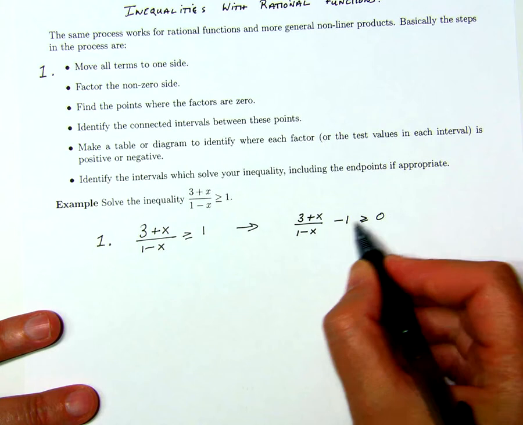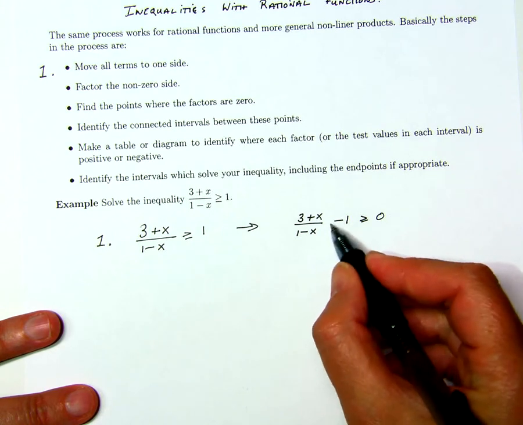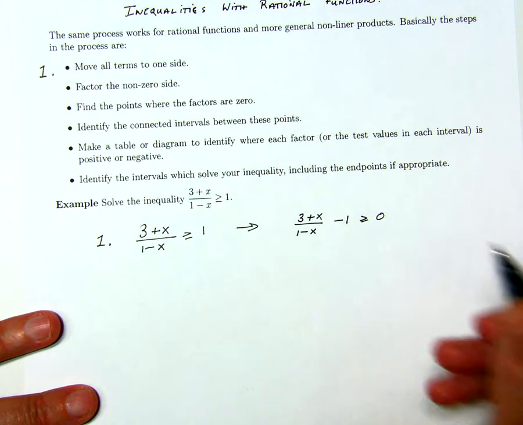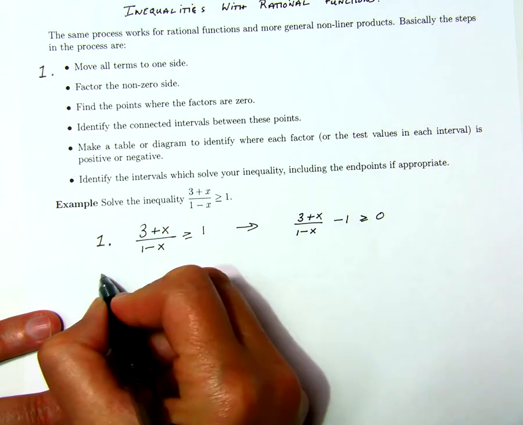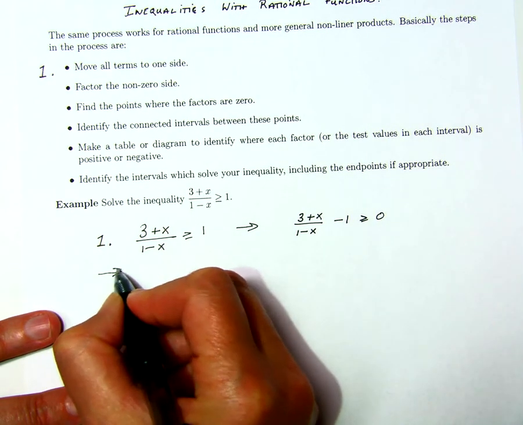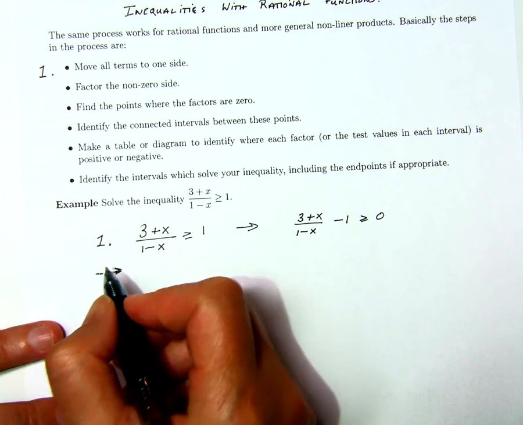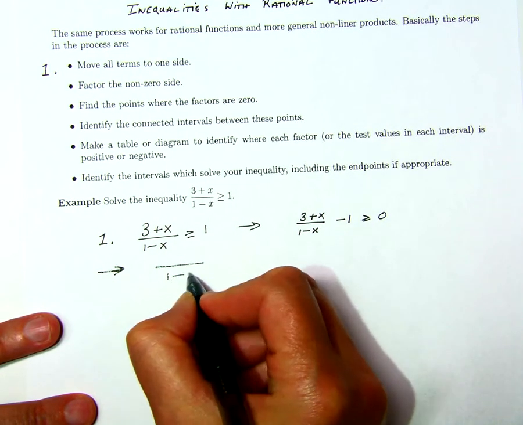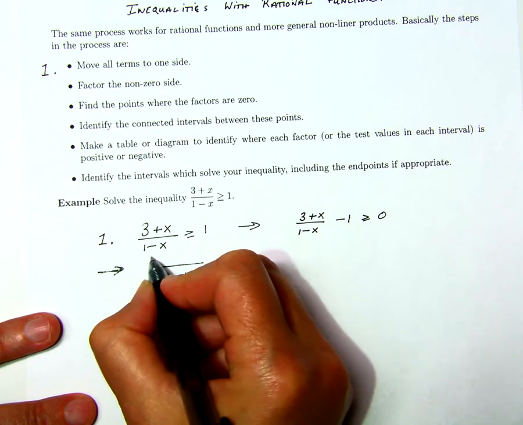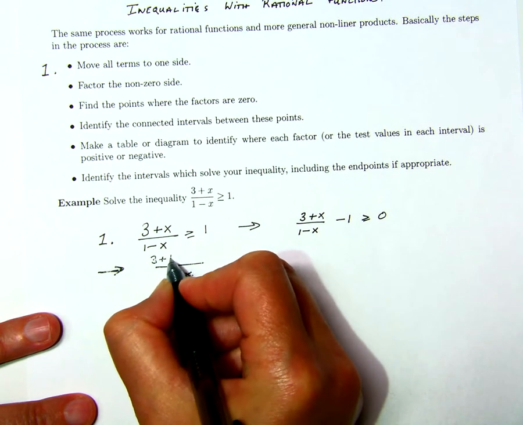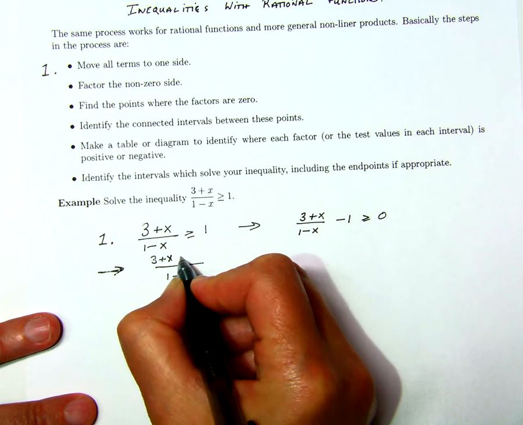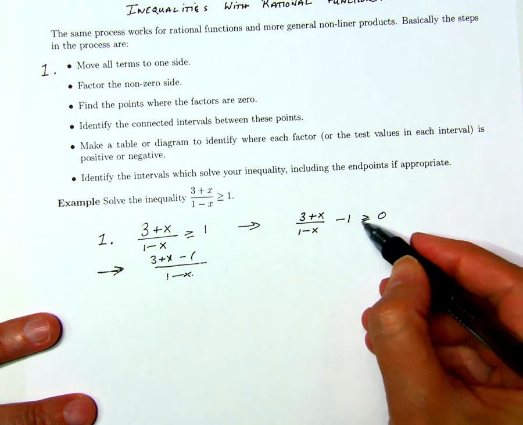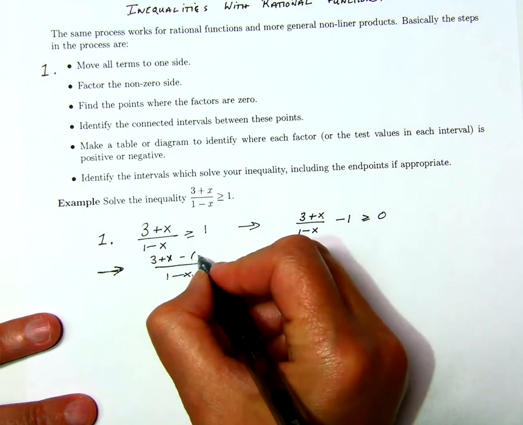And now I have to add these two fractions, or these two numbers, to get a rational function. And this is where things get complicated, because you have to know how to add your rational functions pretty well, and it makes the problem just that little bit more complex. So 1 is equal to 1 minus x divided by 1 minus x.